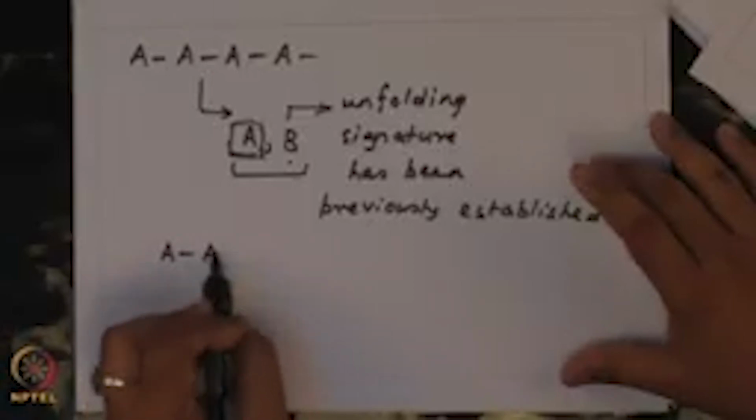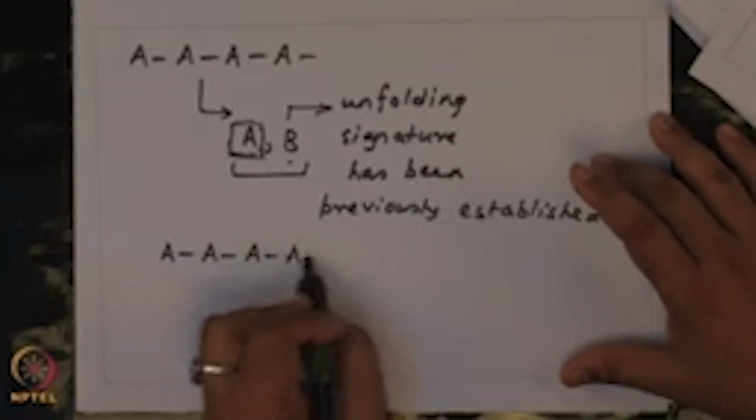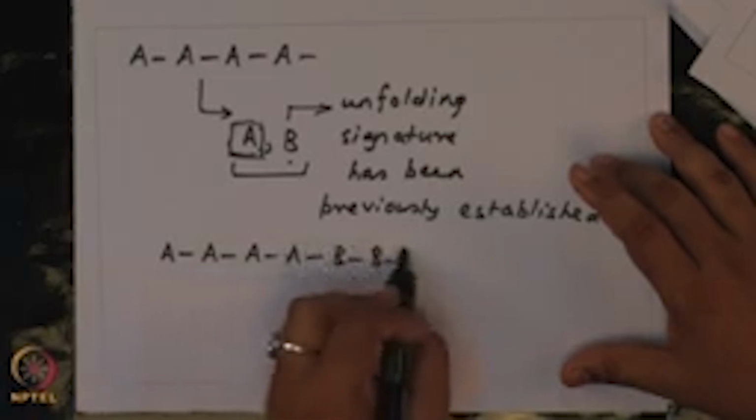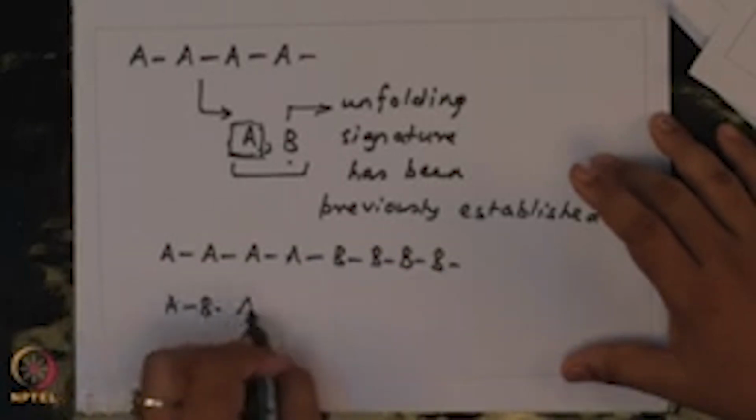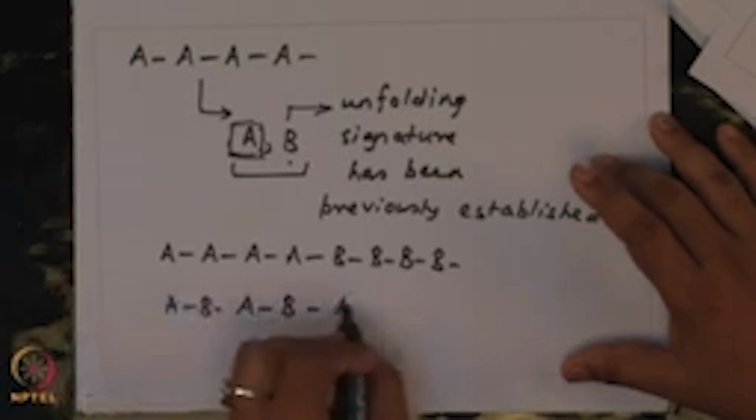Now, the next question is how do we design our multi-protein? Should we have a design like A followed by B, or AB, AB?